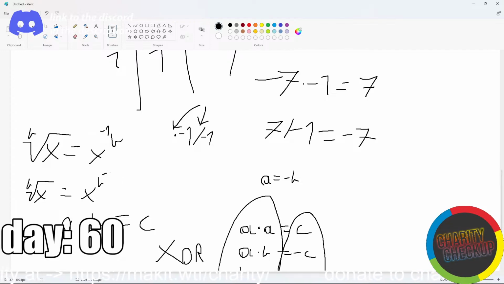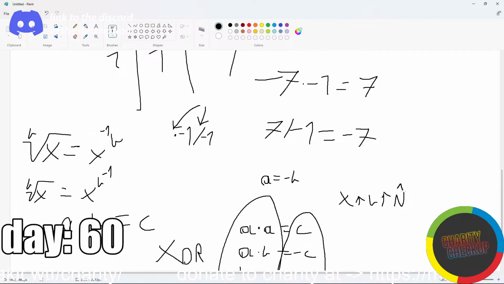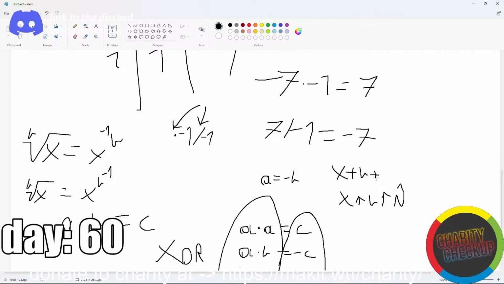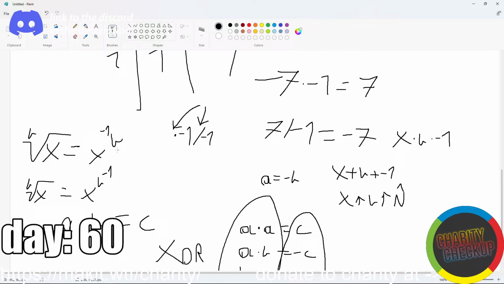That's a problem, because what that means is an operation with x up arrow, b up arrow negative. For addition, that would be x plus b plus -1. For multiplication, that would be x times b times -1, which just doesn't make much sense. That's why roots won't work, and why we need to change the roots.